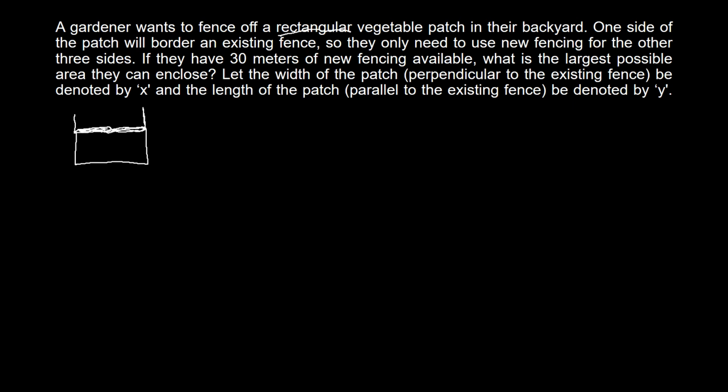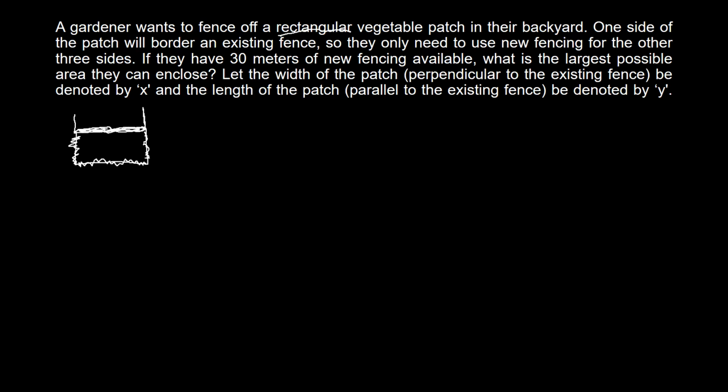That means we are not going to fence this portion here because it already has an existing fence. So what we're going to fence is this side here, this side, and this side here. So we only have to fence three sides of the rectangular vegetable patch.